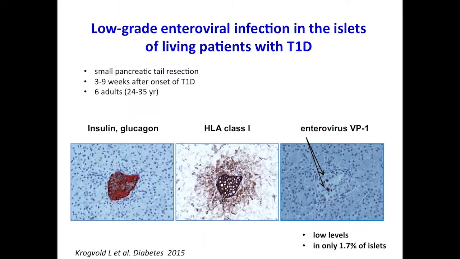So researchers from Norway were able to obtain pancreatic biopsy from 5 or 6 adults newly diagnosed with diabetes and found in a painstaking experiment series that about 2% of islets in those patients show signs, molecular of course, signs of enteroviral infection. 2%.